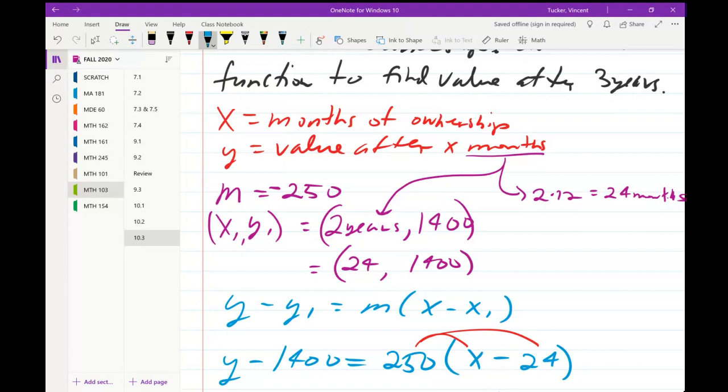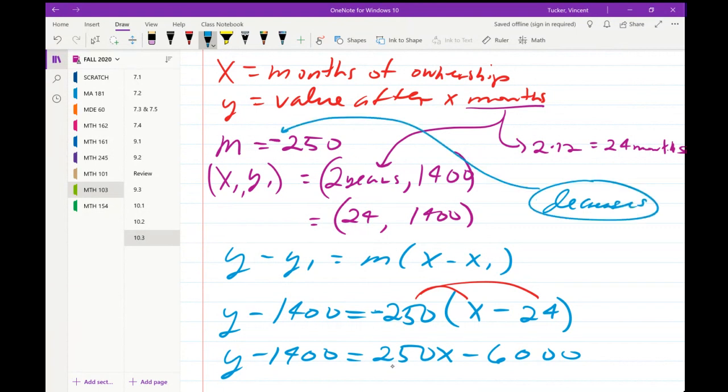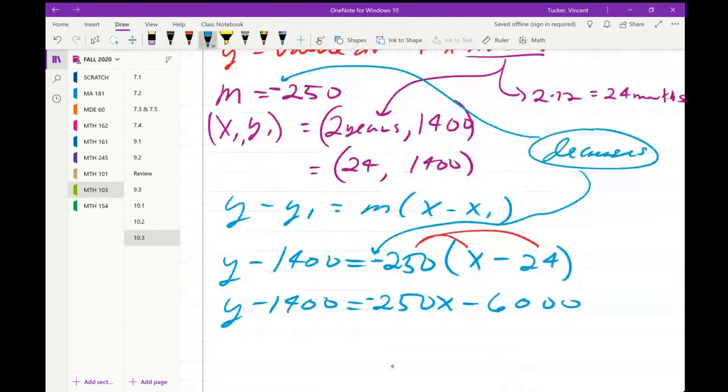Your slope is negative because of decreasing. All right. So that makes more sense. I was just thinking why the calculation wasn't coming out right. So, yep, your slope is negative because it decreases. Now, if it increased at 250 a month, then it would have been positive 250.